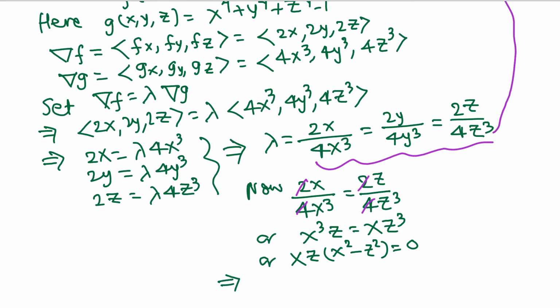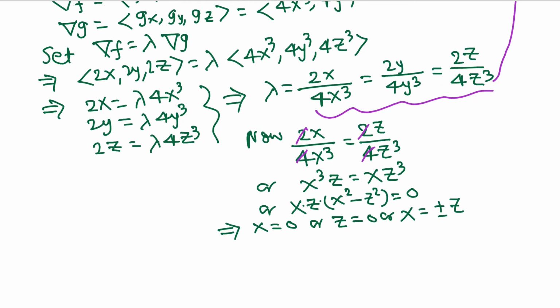Now this implies, look at here, we have a couple of factors, either x is 0 or z is 0 or x squared minus z squared equals 0. That means x equals plus or minus z, because x squared minus z squared equals 0. Move z squared over and take a square root, you get this.